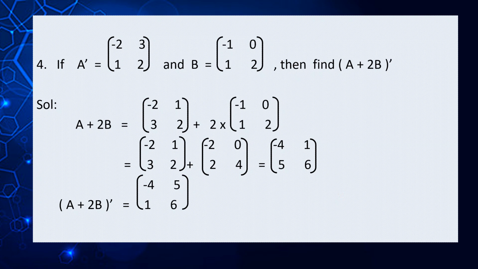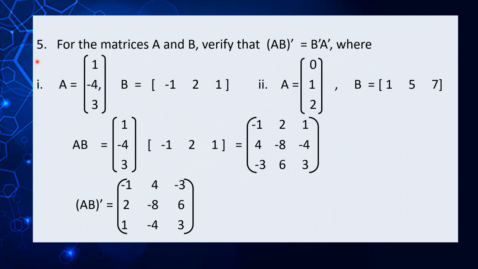The fifth question. For the matrix A and B, verify that AB, the whole transpose, is equal to B transpose A transpose, where first part A is equal to this matrix and B is equal to this matrix.